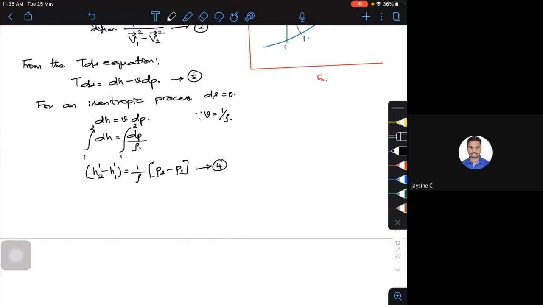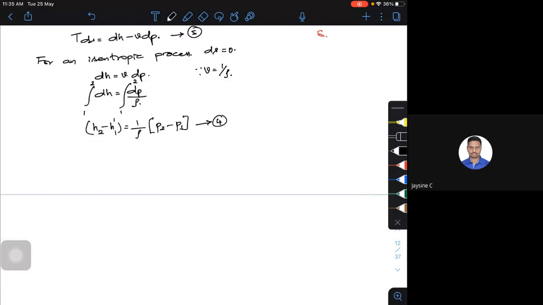So H2 minus H1 dash. You see, H2 minus H1 dash. This is mainly isentropic. Therefore, I can write the efficiency of the diffuser.